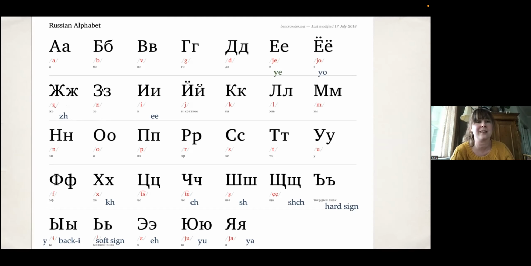It looks like a number 3, but the other way around. And then this is their I letter. It's like N, but the other way around. And so it's said like E.